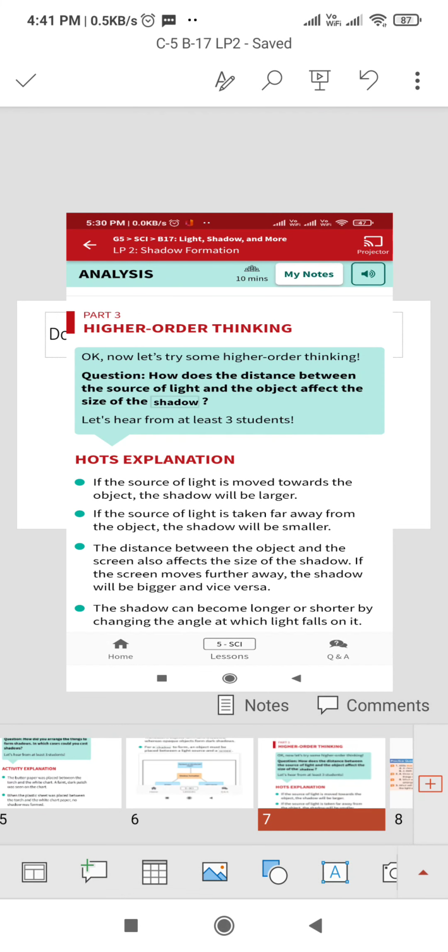Now, the higher order thinking question is, how does the distance between the source of light and object affect the size of shadow? So remember one thing, if source of light is moved towards the object, then shadow will be larger. And if you are taking light source away from the object, the shadow will be smaller.